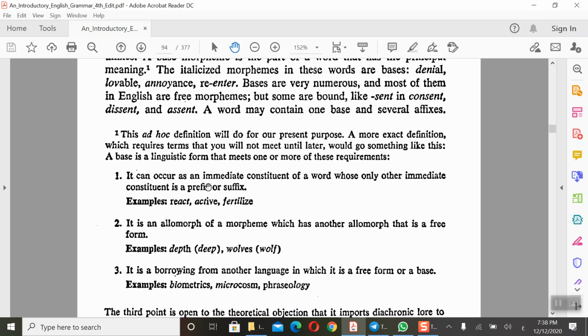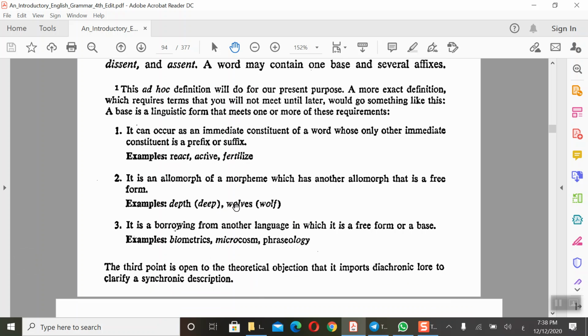Here we have these criteria for base. It can occur as an immediate constituent of a word, whose only other immediate constituent is a prefix or suffix. For example, react, act, active, act. See? Fertilize, okay? Fertile.